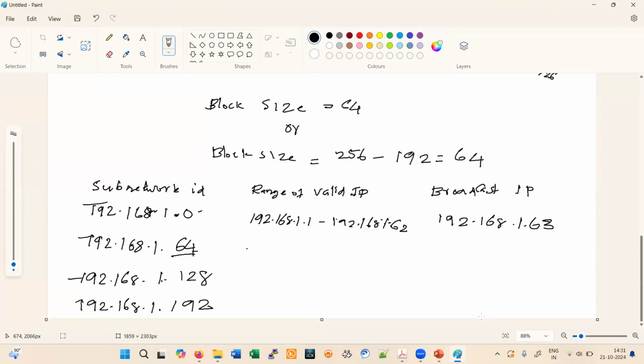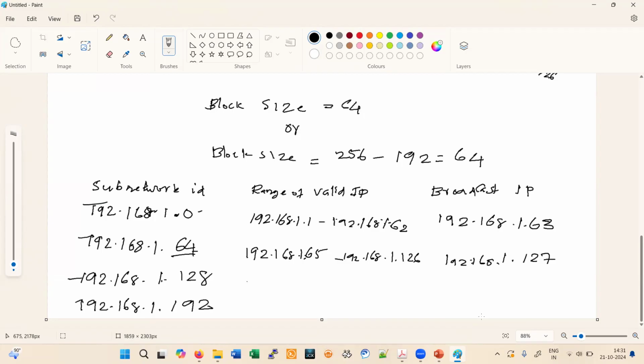The next network, we can find the valid IPs: 192.168.1.65, and the last IP 192.168.1.126, right?